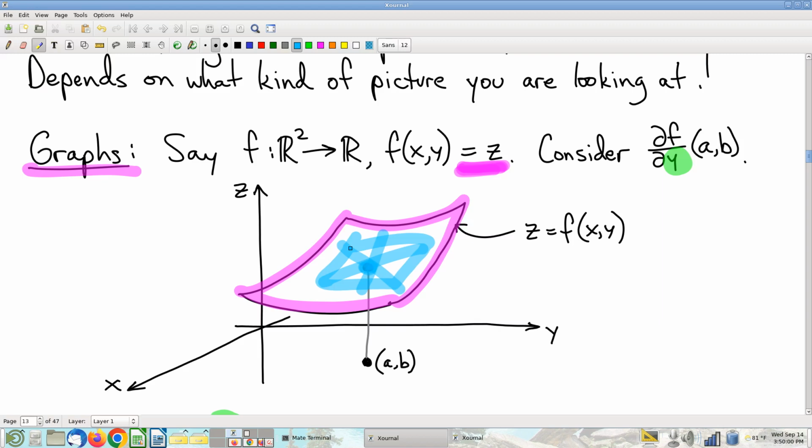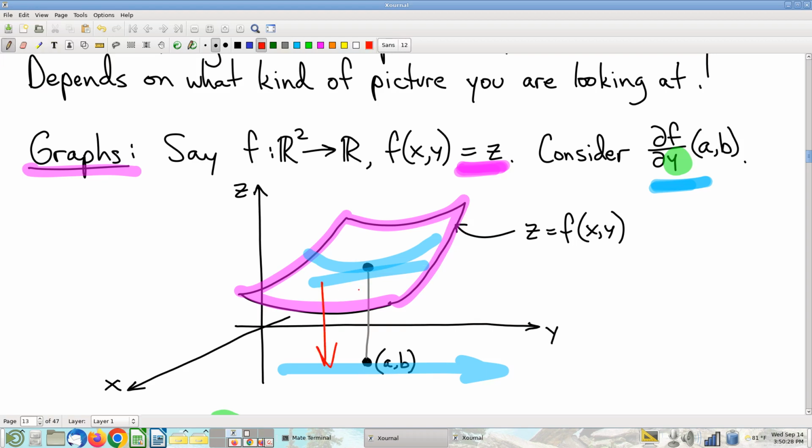So if I just say the partial derivative is the slope of the tangent line, which one? There's too many. We've got to specify exactly which one. Because it's the partial with respect to y, that means we're looking at the cross-section in that y direction, and thus the tangent line that points in the y direction, or you might say the tangent line whose projection down into the xy plane points in the y direction.